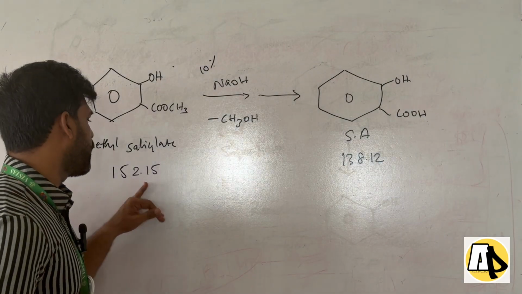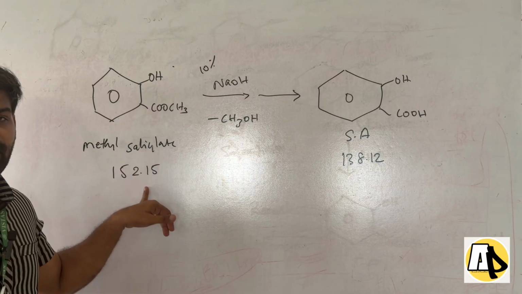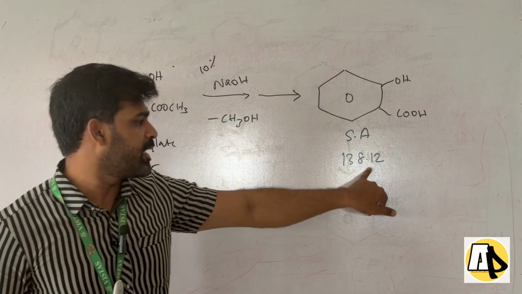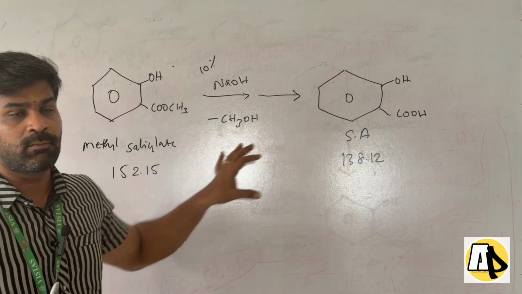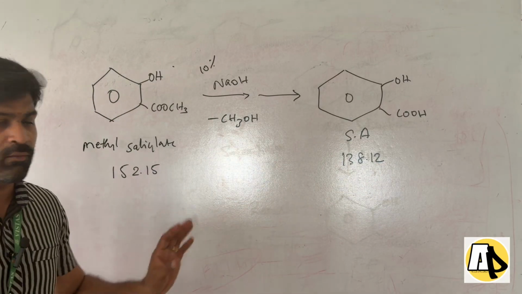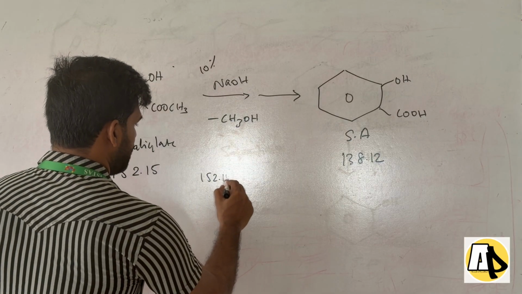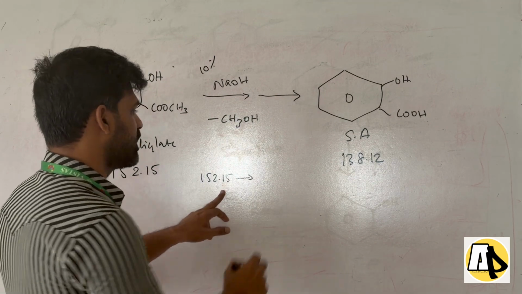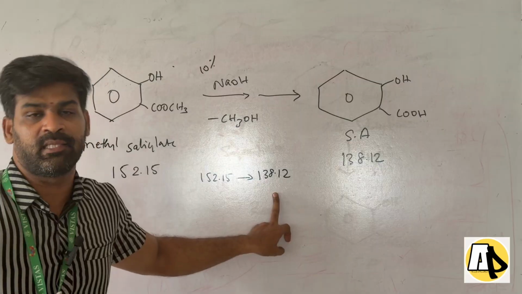So 152.15 grams, the molecular weight of methyl salicylate, produces 138.12 grams of salicylic acid. So 152 grams of methyl salicylate will produce 138.12 grams of salicylic acid.